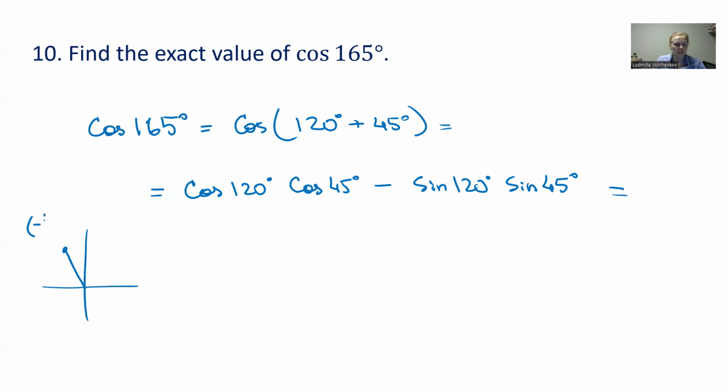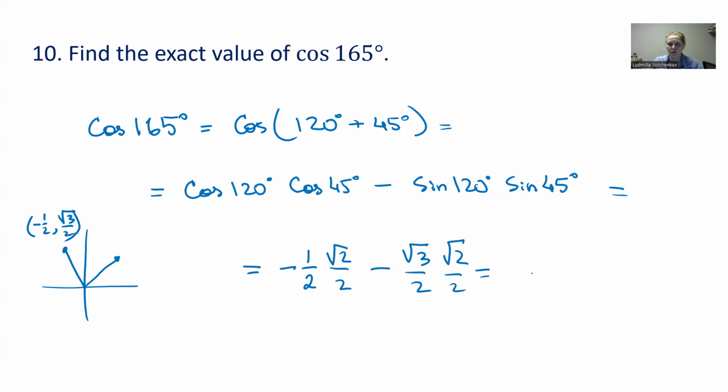Cosine is negative 1/2 and sine is square root of 3 over 2. For 45 degrees, both sine and cosine are square root of 2 over 2. Let us substitute. Negative 1/2 times square root of 2 over 2 minus square root of 3 over 2 times square root of 2 over 2.